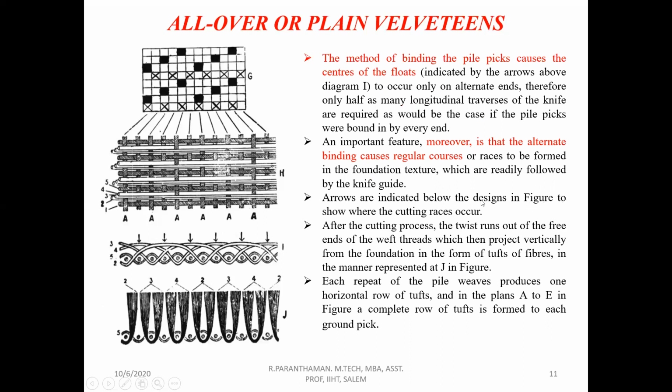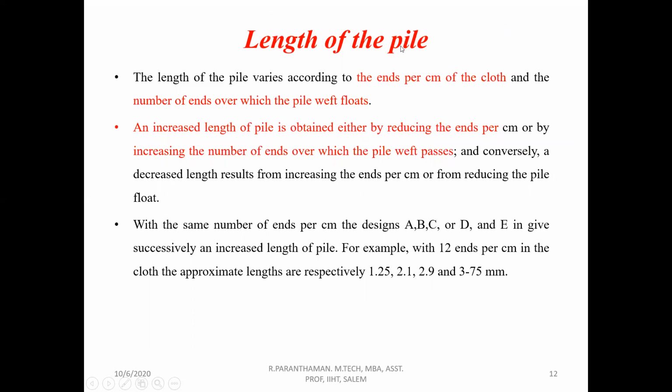Then each repeat of the pile weave produces one horizontal row of tuft, and in the plans A to E in figure A, a complete row of tuft is formed in each ground pick. So see here, after cutting, the fabric shows the pile on its surface. So this is the second pick, third pick, fourth pick, and all. So this is the simple formation of our plain velveteens.